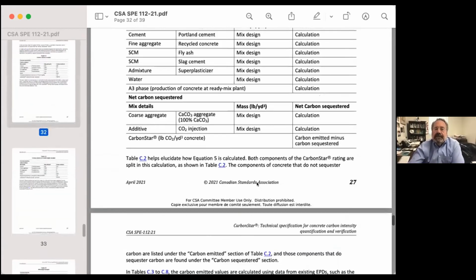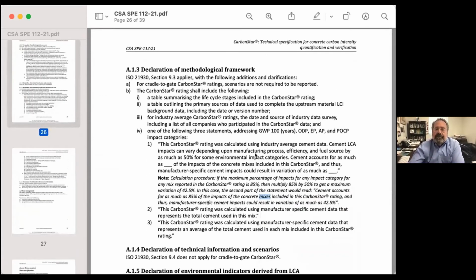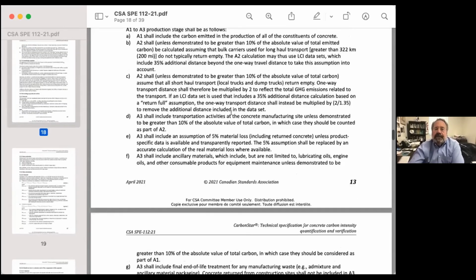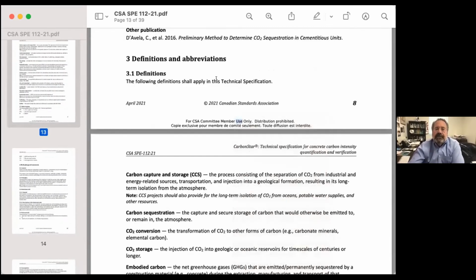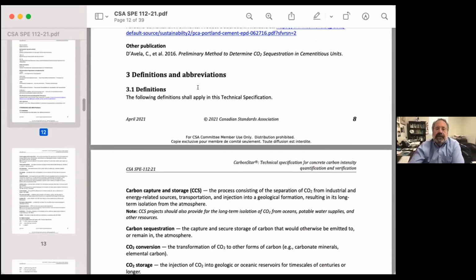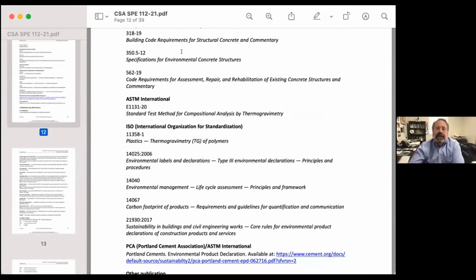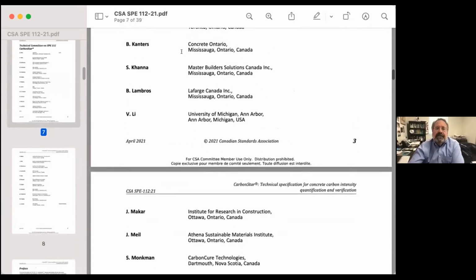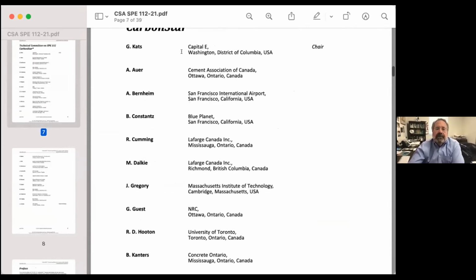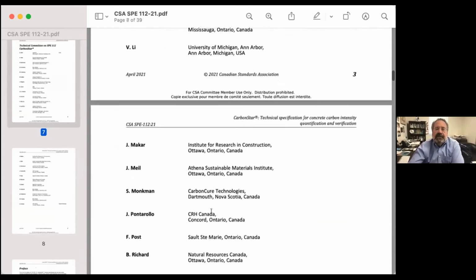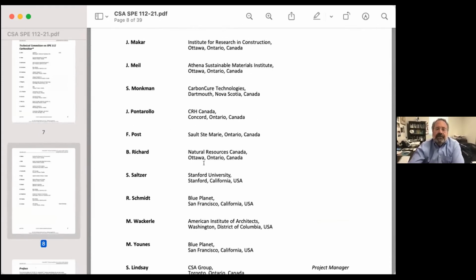This standard was put together over a year by a panel of experts, far-reaching from the concrete manufacturers to many other constituencies. You know, the MIT Concrete Sustainability Initiative, the Stanford Carbon Storage Initiative. And so there's quite a bit of feedback and input into the standard.